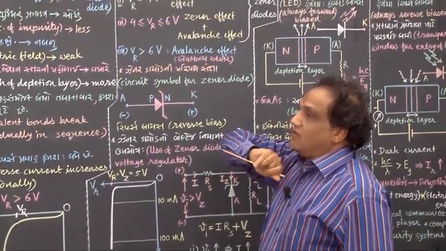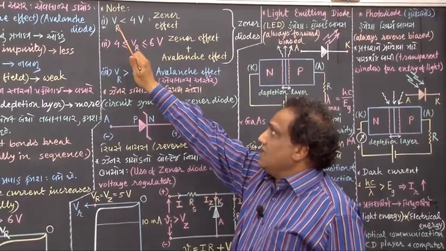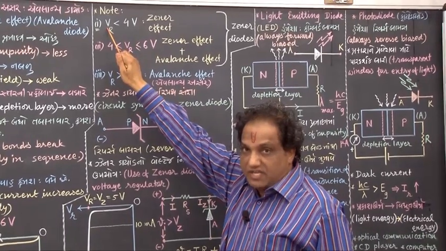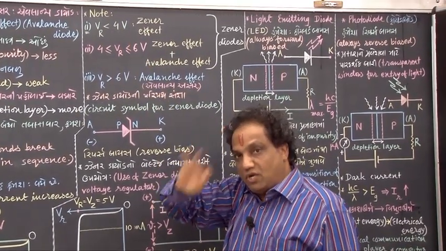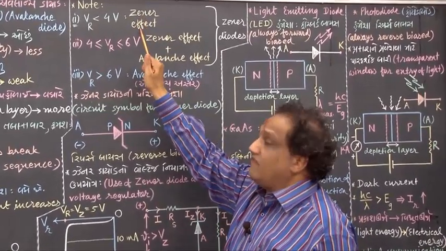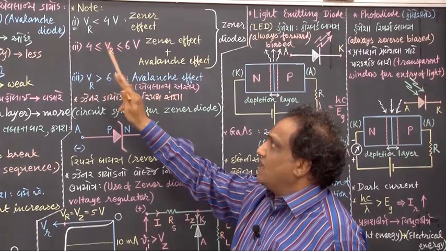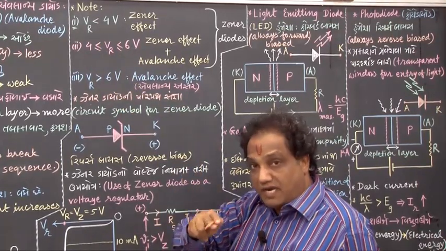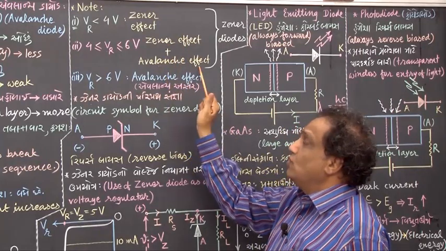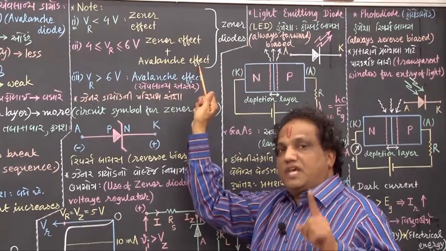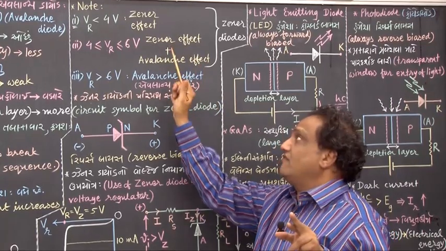Now, in the textbook they have written this sort of note, just kindly remember. If reverse breakdown voltage is less than 4 volt, it is purely due to Zener effect. If the reverse voltage is between 4 and 6 volt, the breakdown may be partly due to Zener effect and partly due to avalanche effect. So there is an effect produced as a mixture of these two effects.